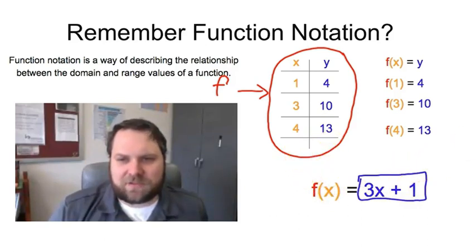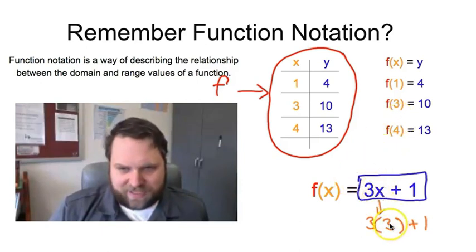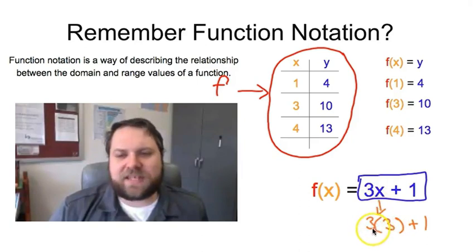When x is equal to 3, this expression gives me a recipe for finding the value of y. I take that 3 from there and replace the x with that. So when x is 3, I make the x equal to 3, and then perform the calculation.